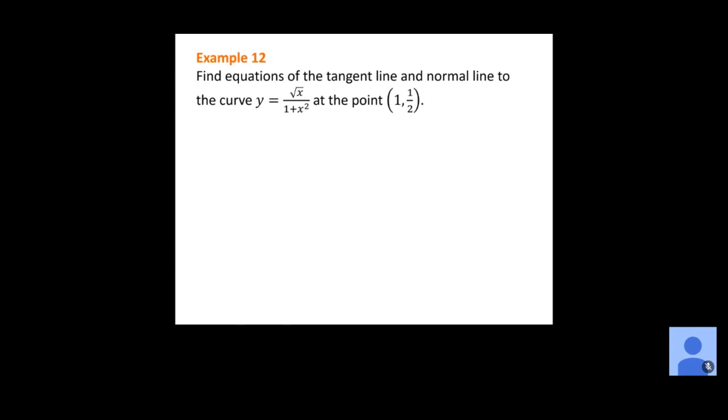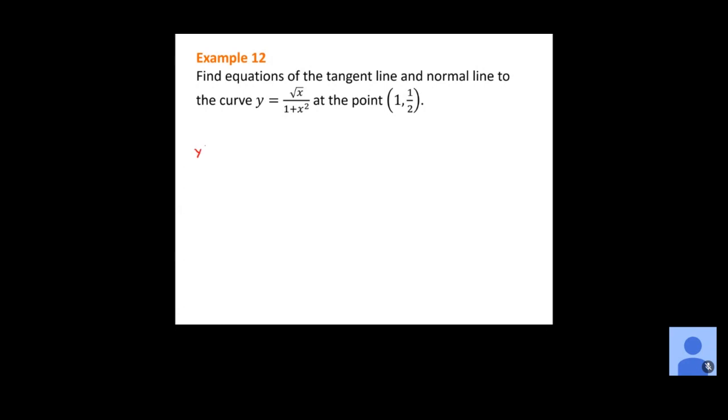What's the first thing we would need to find? Okay, good. We know the derivative represents the slope of our tangent line, so we need to find the derivative first.